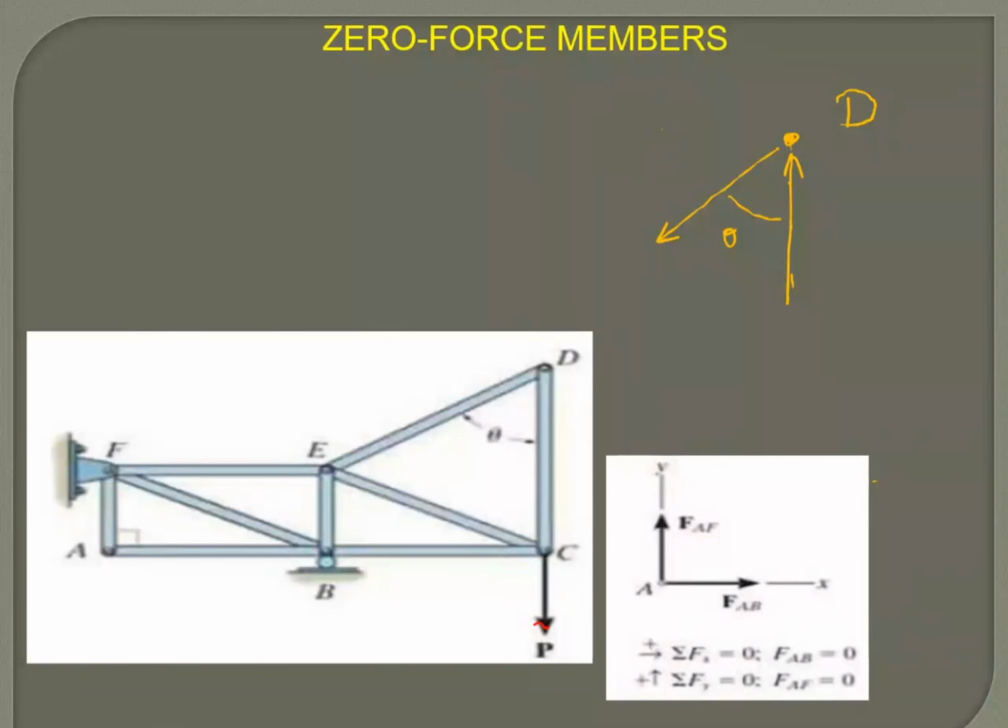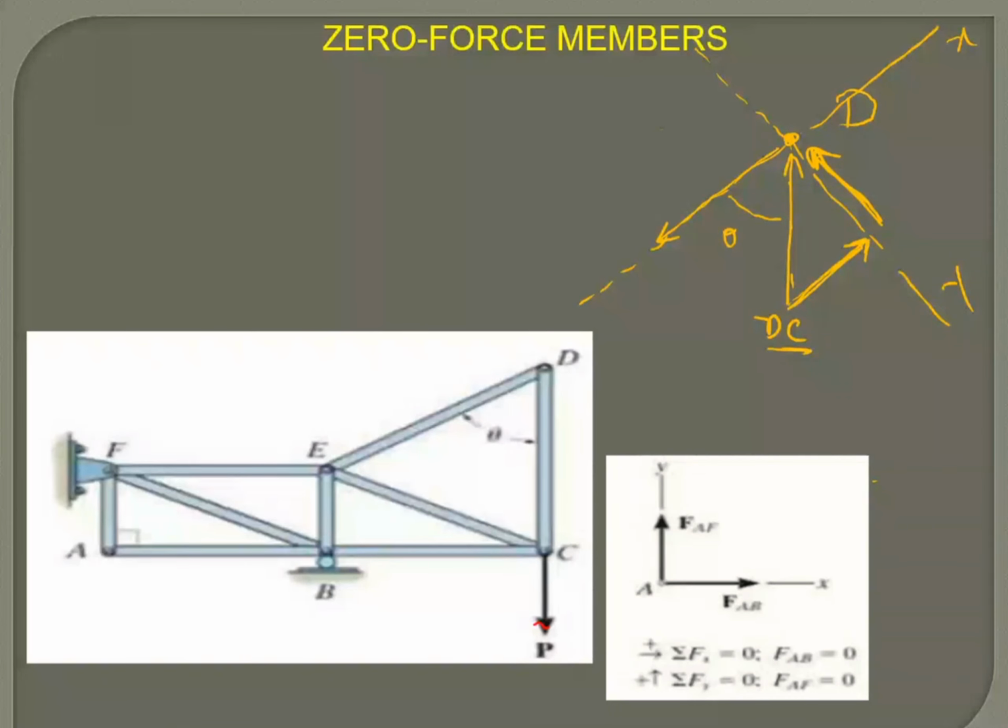I am making my x-axis and my y-axis here. So my DC component will have a component here and a component here. Am I right? Yes, sir. I split DC into two components. This one and this one.